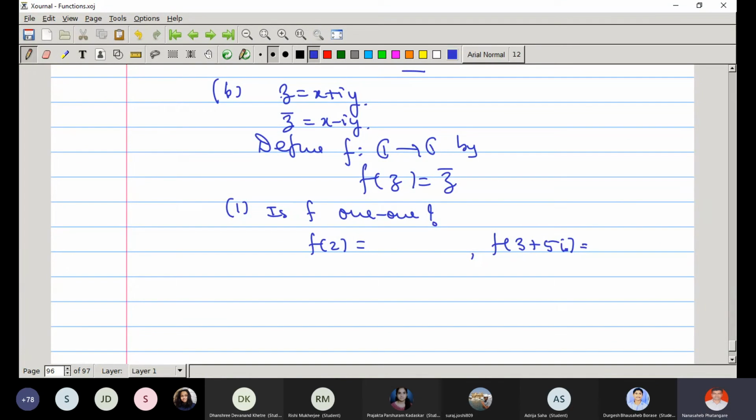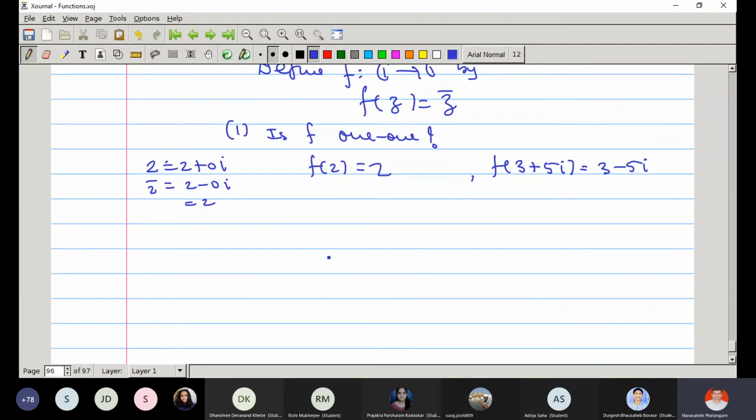Is it 1-1? Okay, what is f of 2? It is 2, because 2 is actually 2 plus 0i, and its conjugate is 2 minus 0i, which is again 2. But what is f of 3 plus 5i? 3 minus 5i.